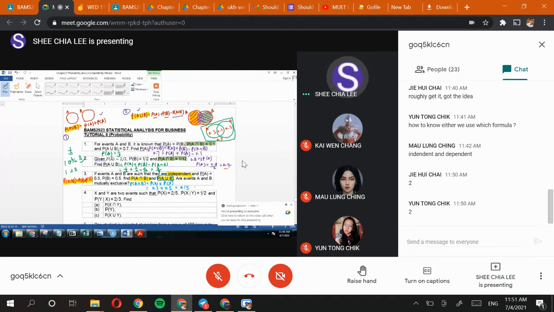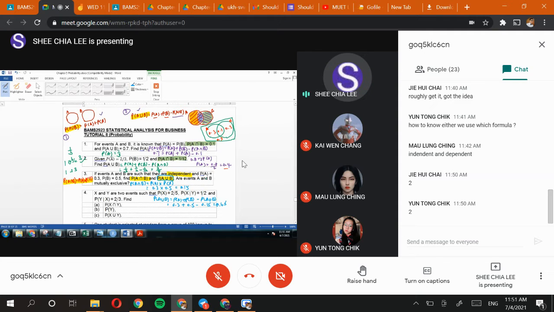So probability A union B equals A plus B minus A intersect B. A is 0.3, B is 0.5 minus the intersect 0.15. So 0.8 minus 0.15 is 0.65. Get it or not? This is your A union B.